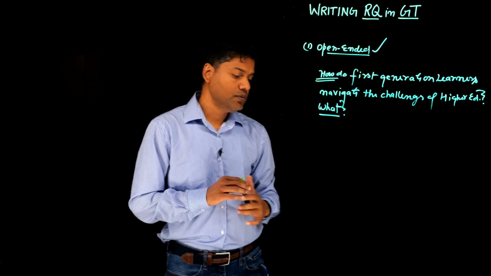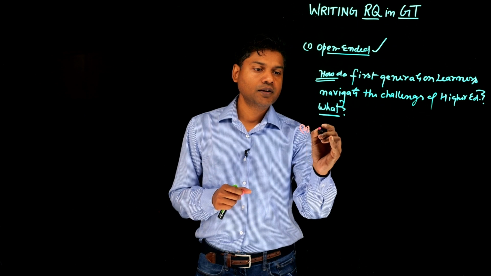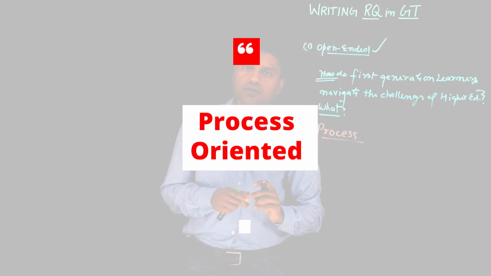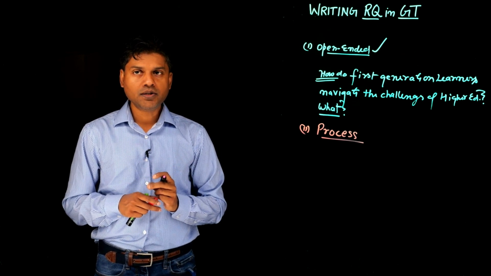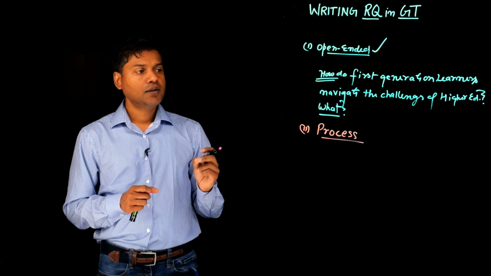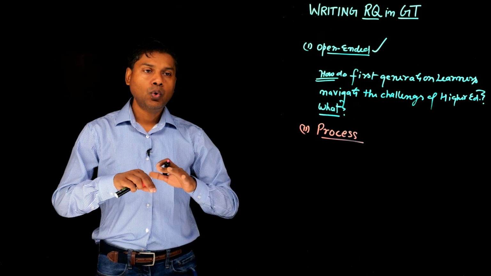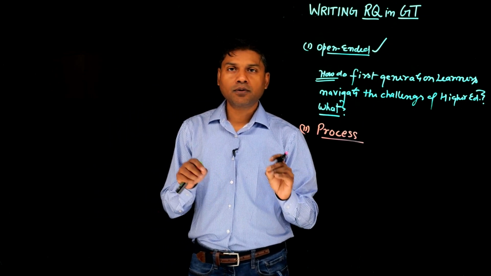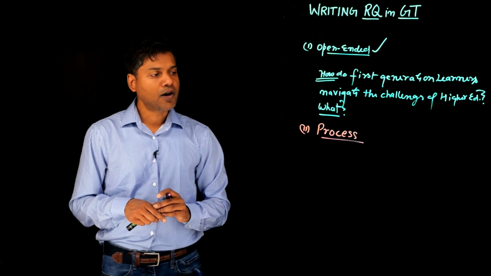Second thing one should keep in mind while framing your research question is it should be process-oriented also. As you know, grounded theory is a suitable methodology that we use to understand social processes. We want to understand how a phenomenon sort of flows. What processes are implicated or involved in any phenomenon.